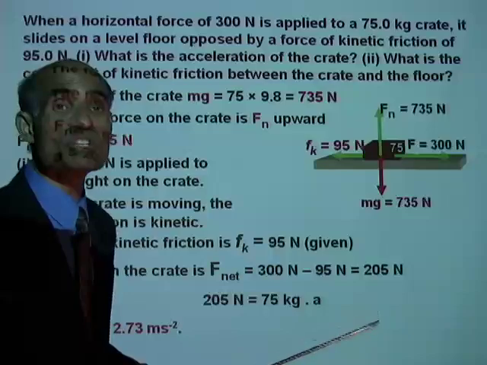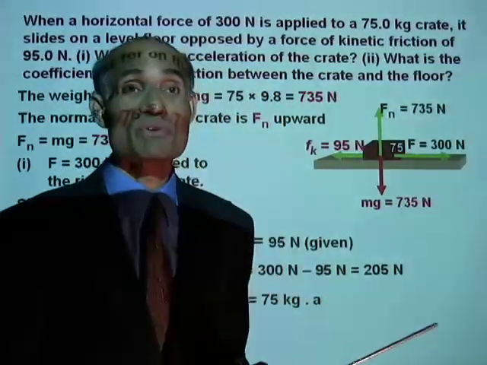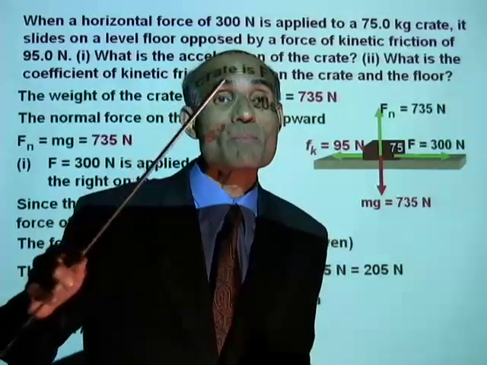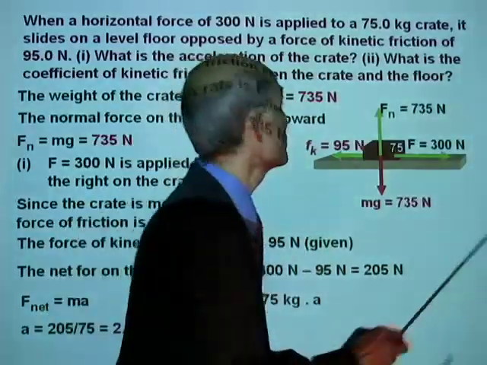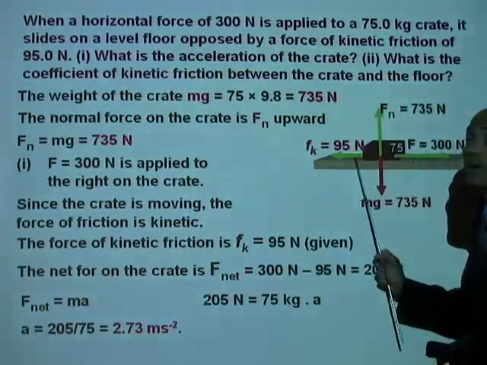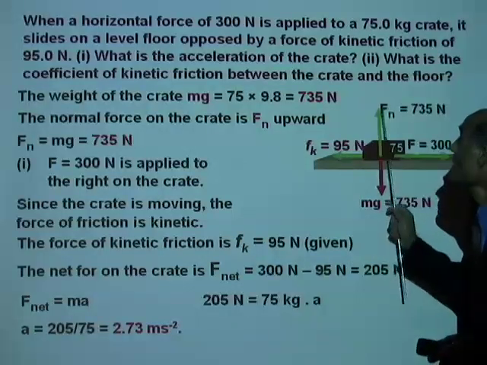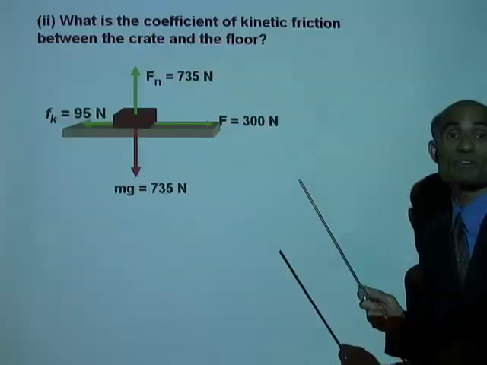What is the coefficient of kinetic friction? Well, if you remember the definition of coefficient of friction, it is the frictional force divided by the normal force. The force of kinetic friction is 95 Newton. The normal force is 735 Newton.